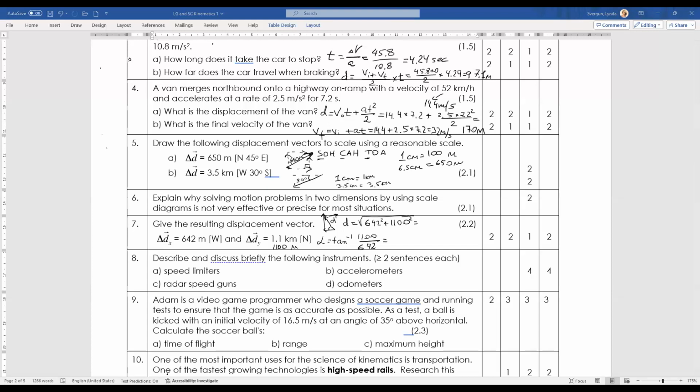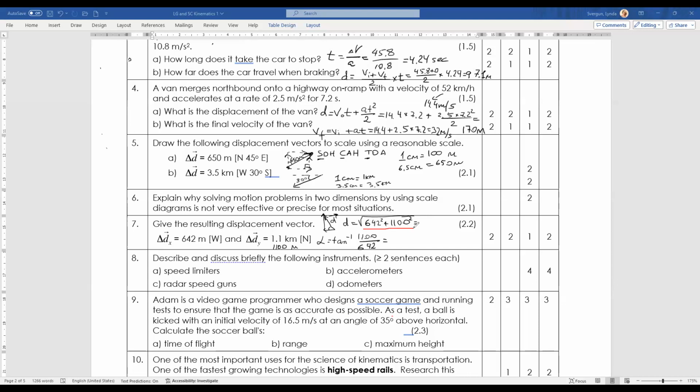Annotate. So you will be able to write, right? Tangent to the power minus 1 of 1100 over 642, right?